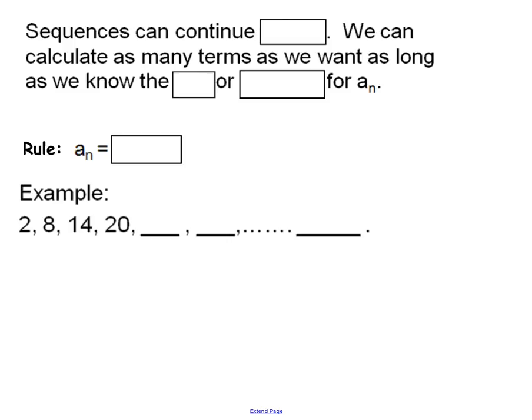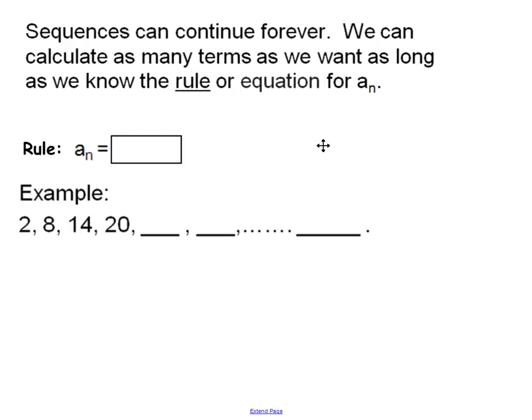So, a sequence can continue forever. We can calculate as many terms as we want, as long as we know the rule or the equation defining our a sub n term. So here's one for you. 6n minus 4. Okay, well, this is my first term, my second term, my third term, my fourth term. So my fifth term here is really 6 times 5 minus 4, which I believe is 26.